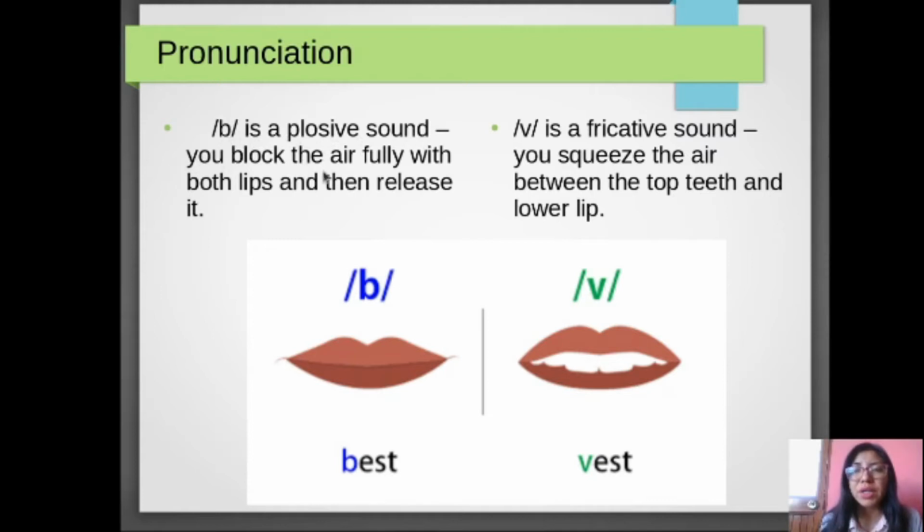You block the air fully with both lips, and then release it, okay? So in order to pronounce the letter B, that is like an explosion, okay? So we have to maintain the air inside our mouth, and then we are going to explode in order to produce that sound, okay?